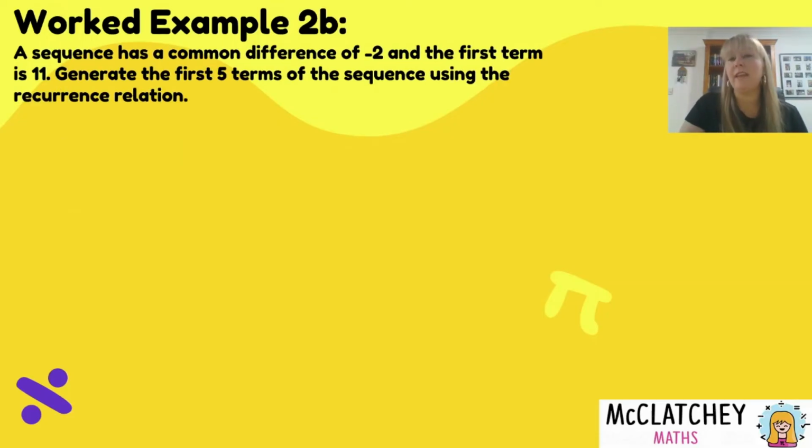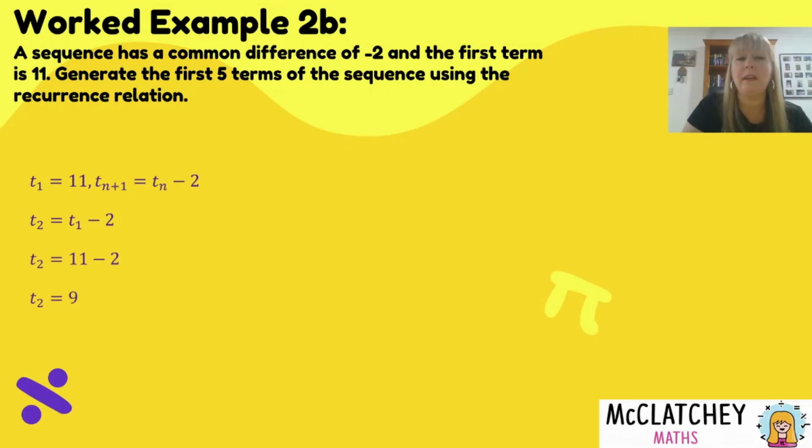Okay, now we've got to take that recurrence relation that we wrote and generate the first 5 terms of our sequence using that recurrence relation. So simply what we're going to do now, we know that the second term is going to be equal to the first term, take away 2. So we're going to put our first term in, which is 11, take 2 away and we get 9. So we've got the second term in our series. We're going to do the exact same thing.